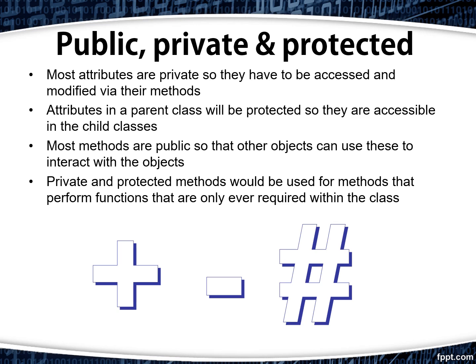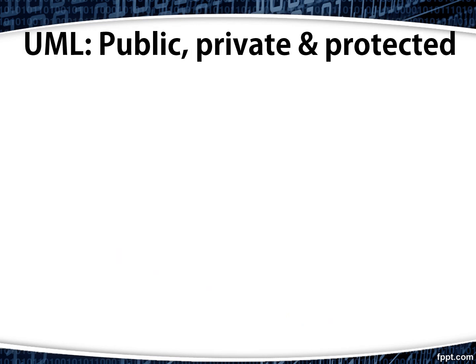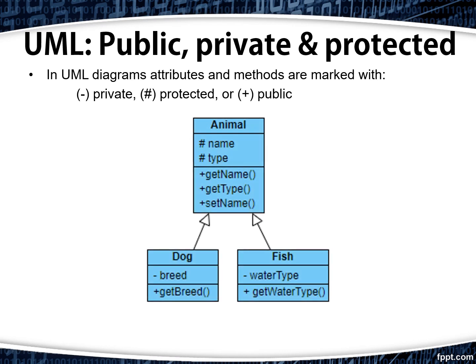It would only ever be required when calculating the cost within the class. This would be an ideal method to have as either private or protected if it needs to be used by child classes. In UML diagrams, attributes and methods are marked with either minus for private, hash for protected, or plus for public, like you can see in the example below.